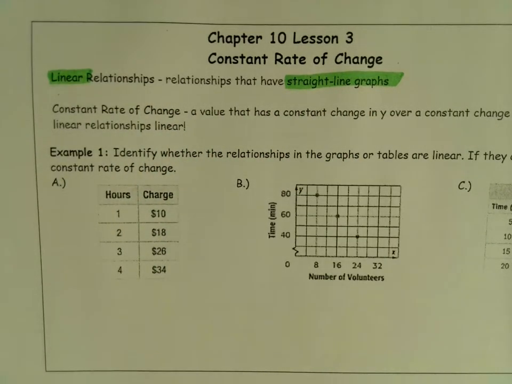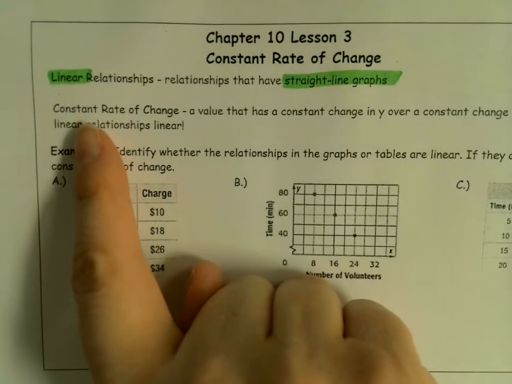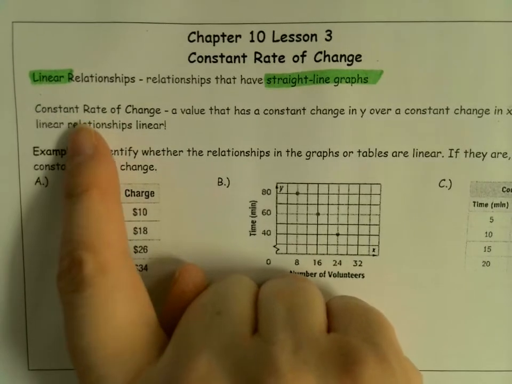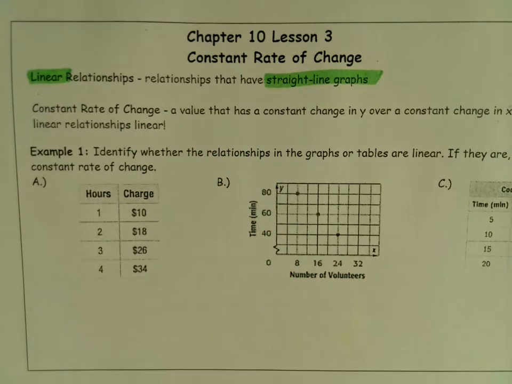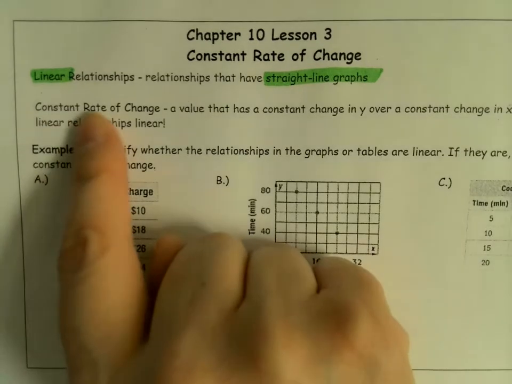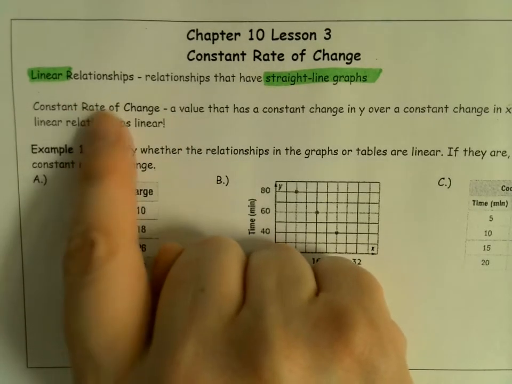Now, in order for it to have a linear relationship, it has to have what's called a constant rate of change. Now, constant rate of change is that value that shows how much the relationship is changing in y versus how much it's changing in x. And it's written in fraction form. You're also going to know this as a new term called slope. We'll talk more about that next week.